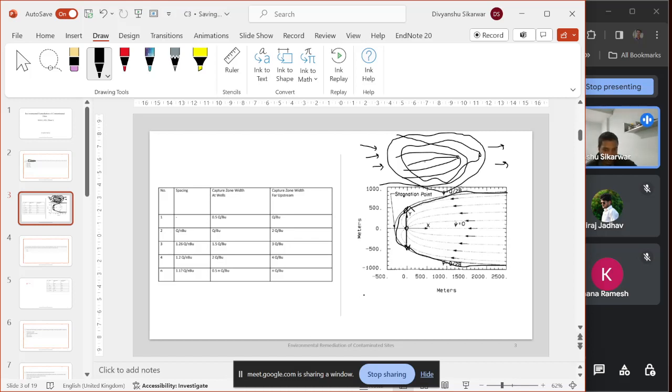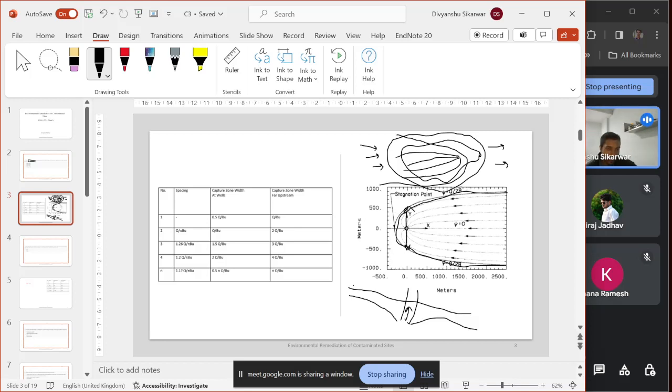If we see a side view, a plane view, it will be something like this. This is the groundwater level, this is the ground level, and something like this will be the groundwater cone. If we are putting a well and extracting water from it, there will be a depression. From the top view, this represents the well and this is the zone of influence, the capture zone of this well.